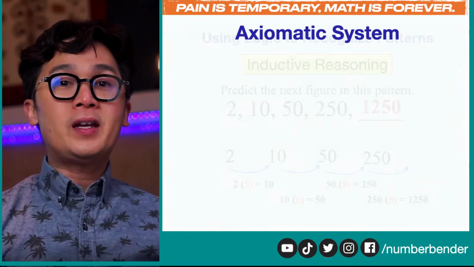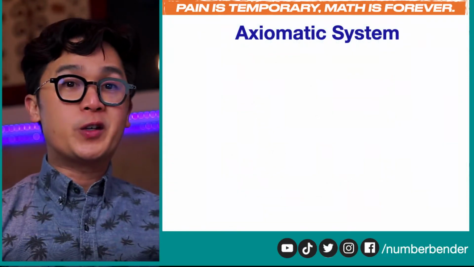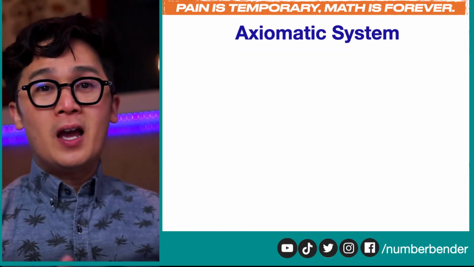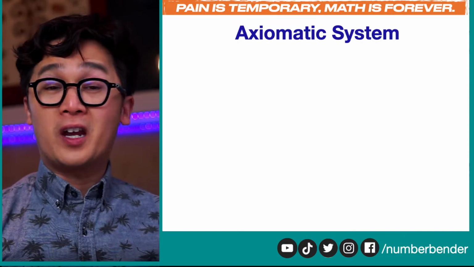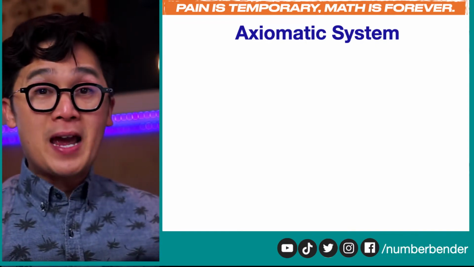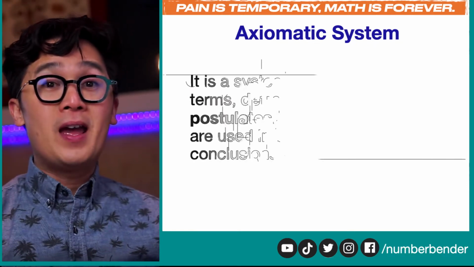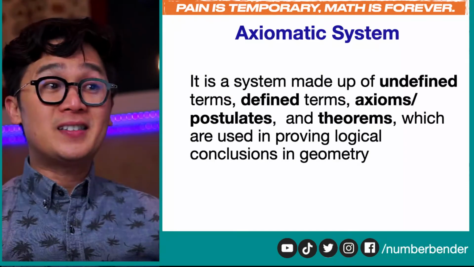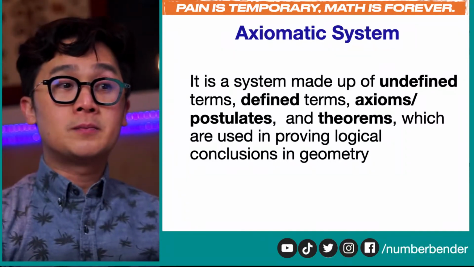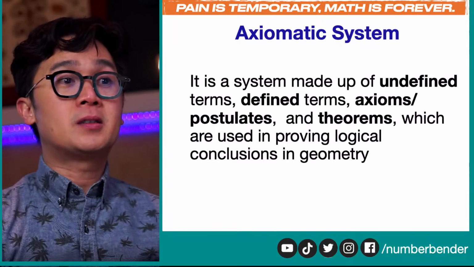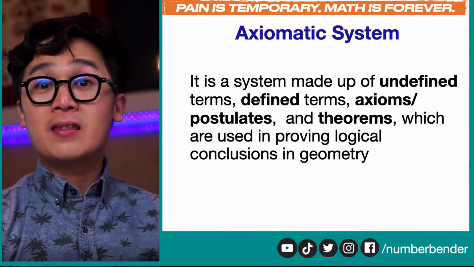Now, moving to more systematic ways of using logical thinking in geometry, we call the system by which we articulate statements in mathematics an axiomatic system or postulate system. This is a system made up of undefined terms, defined terms, axioms or postulates, and theorems.